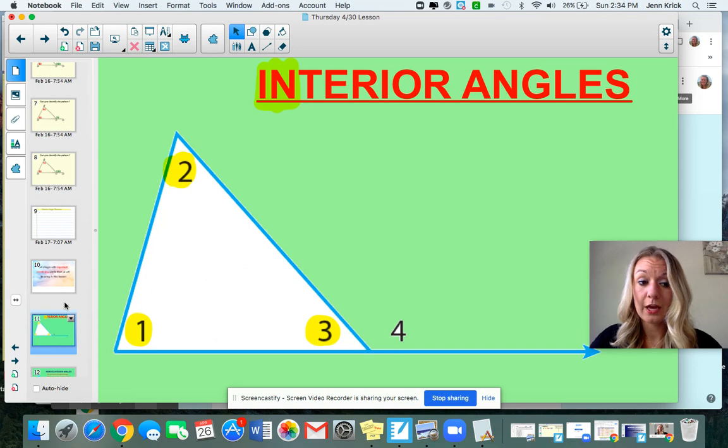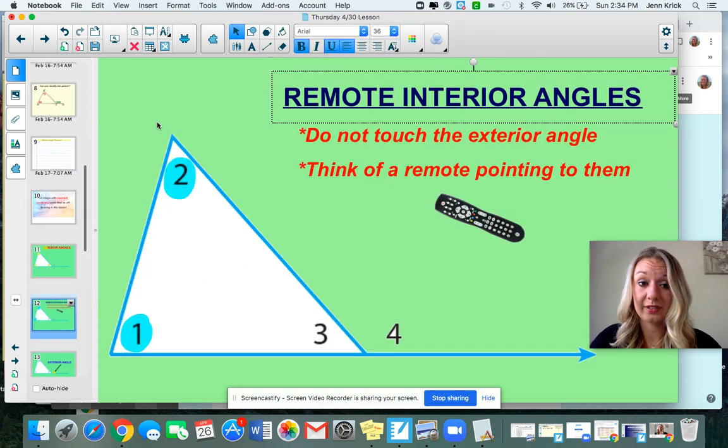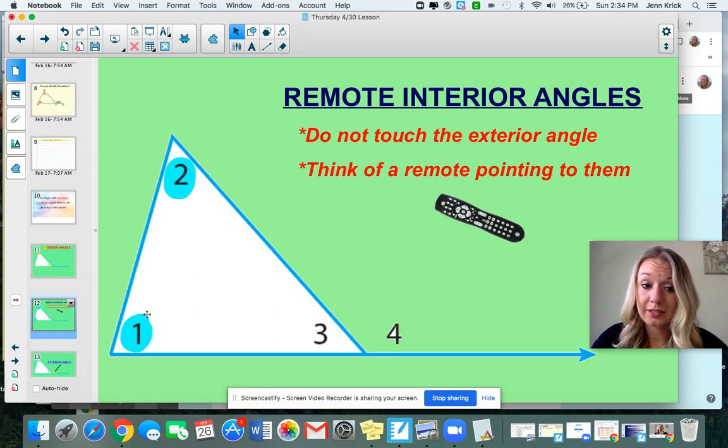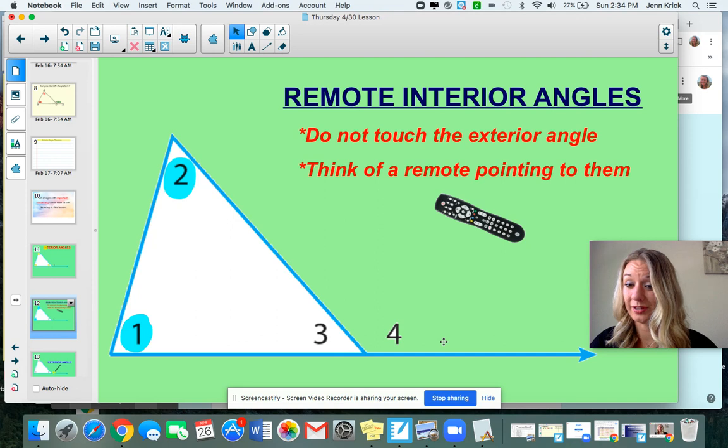Now, more specifically, angles 1 and 2 are called remote interior angles. These two interiors do not touch this exterior angle. Notice how 3 is not highlighted, because it's touching the outside angle. We know that 1 and 2 are remote interior angles.